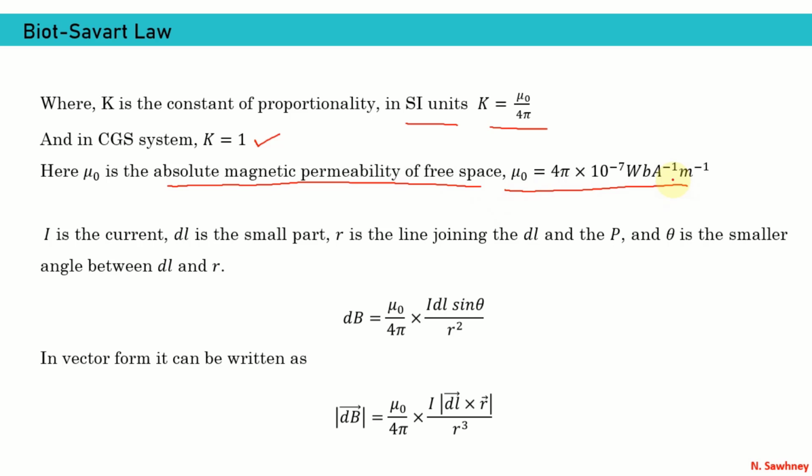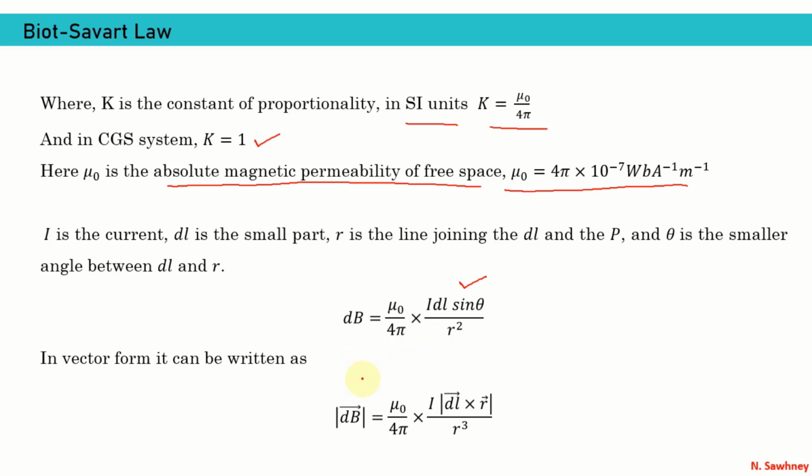Permeability is a measure of the ability to form a magnetic field inside a medium. So, the magnitude of the magnetic field is given as mu naught upon 4 pi into I dl sine theta upon r square.